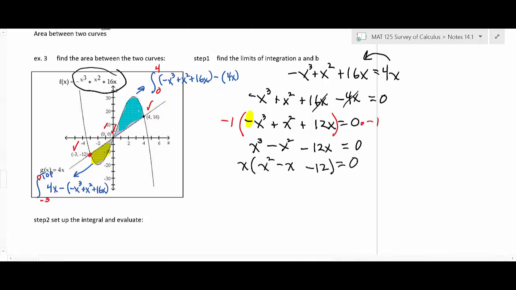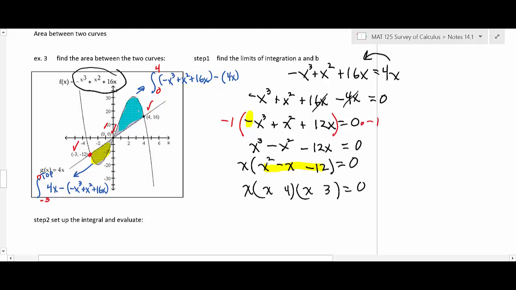Okay? How about this thing that I'm highlighting? Does that look like it'll factor? Yeah, okay, I think so. X and x, 4 and 3 will give you 12. Okay, so we're going to factor that one more time. You still have the x. Okay, then you draw your two parentheses. This is factoring what I have highlighted in yellow. You're going to have x and x, 4 and 3 to get 12.